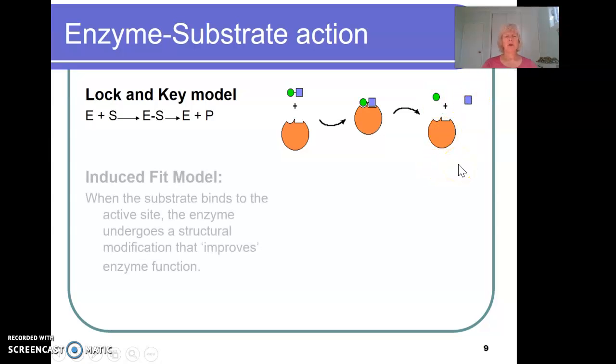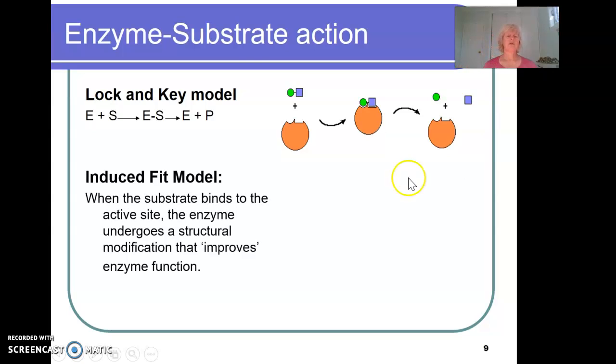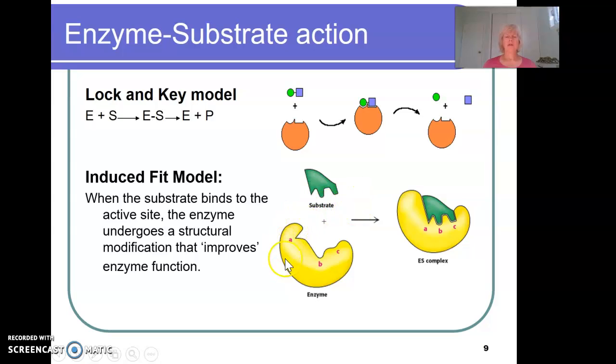The more current and newer model is the induced fit model. And here you can see the enzyme, and you can see that the substrate doesn't really fit in perfectly yet. However, when it does bind to the enzyme, the active site changes its shape, it improves its shape, it molds around the substrate, and then it catalyzes the reaction.